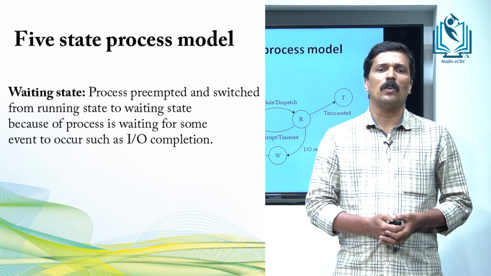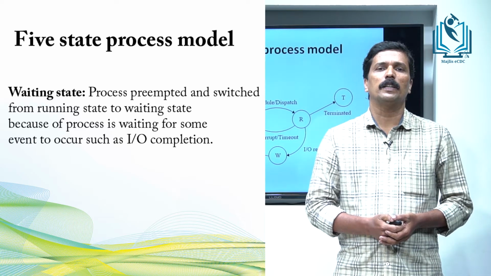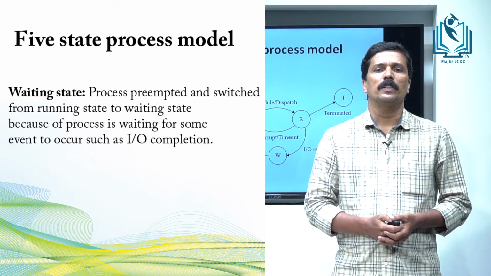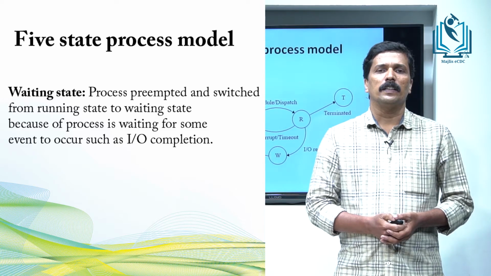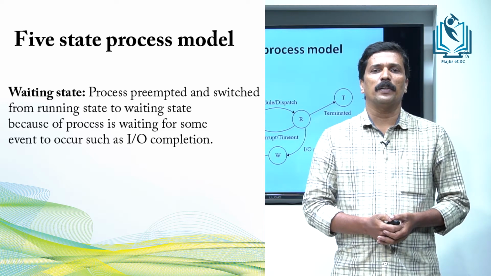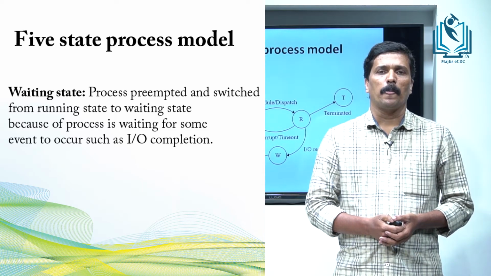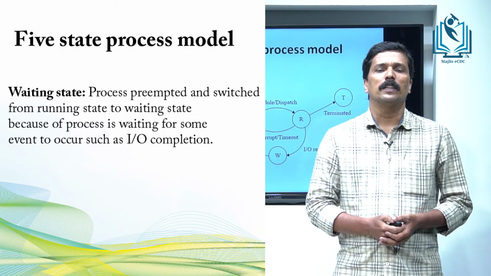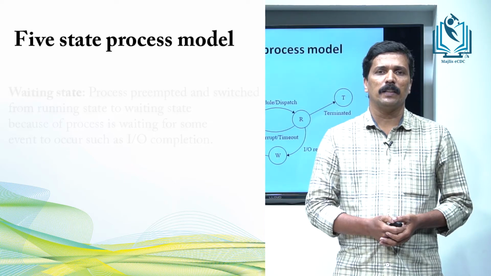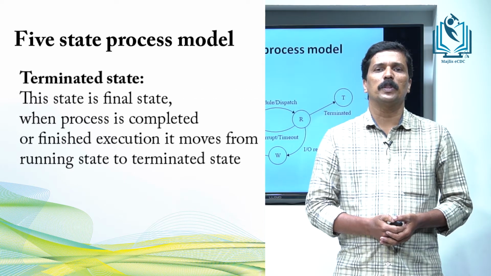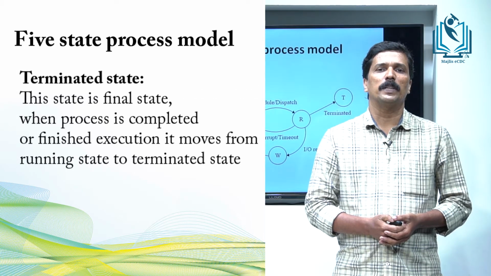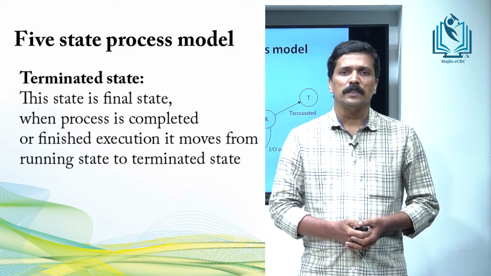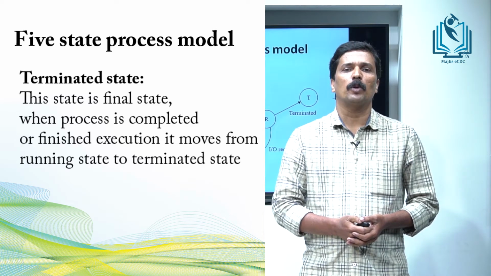If an error or an interrupt occurs, it moves to the waiting state. In waiting state, the process waits for an IO or an event. When the event occurs, it again moves to the ready queue. Then normally it moves to the running state and completes execution. This is known as five-state process model.